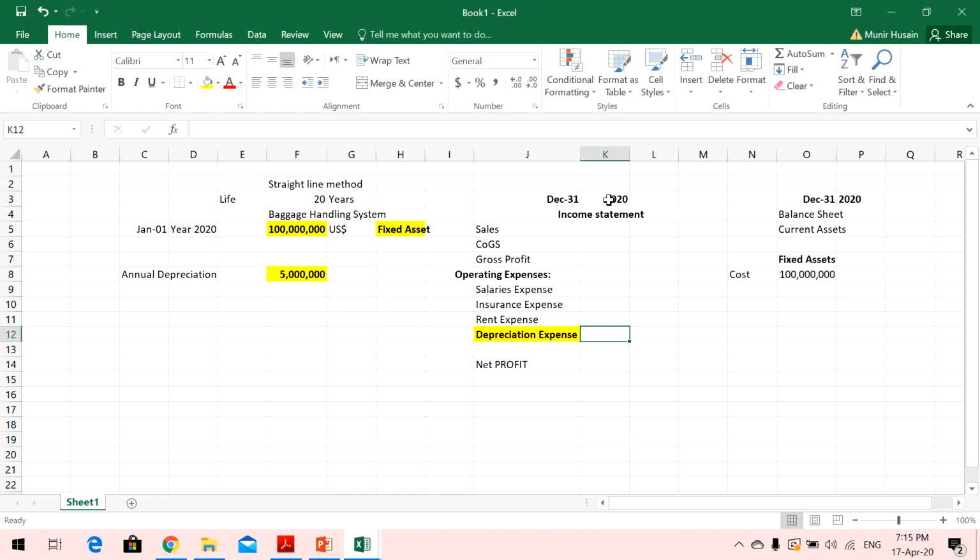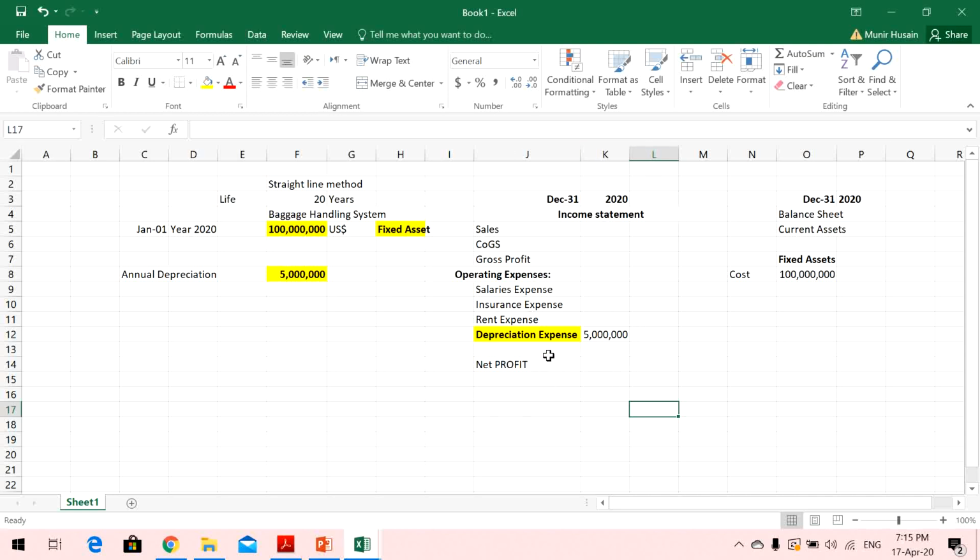We are going to use this system for the next 20 years. So the benefit we get out of this system during 1 year is our annual depreciation expense, and this is the depreciation expense which will come in the income statement.